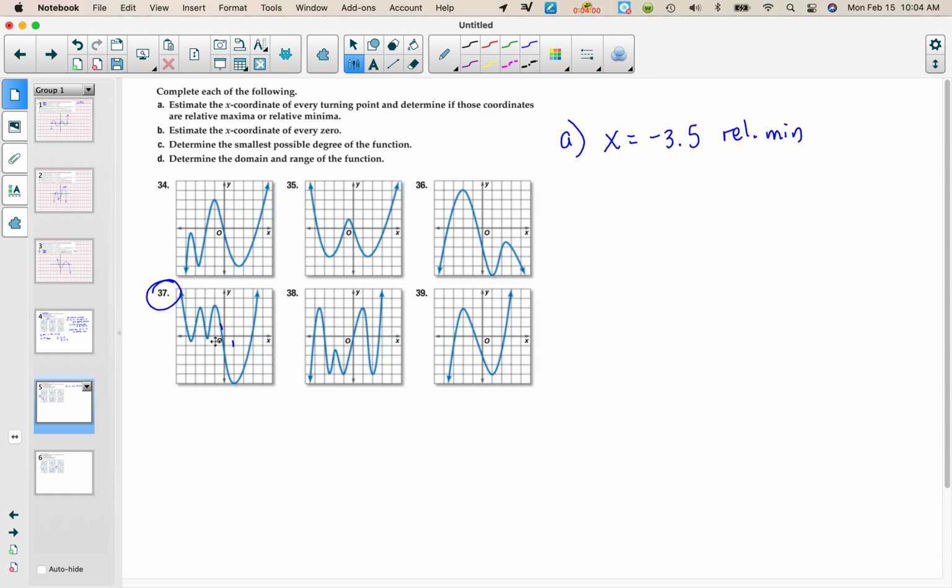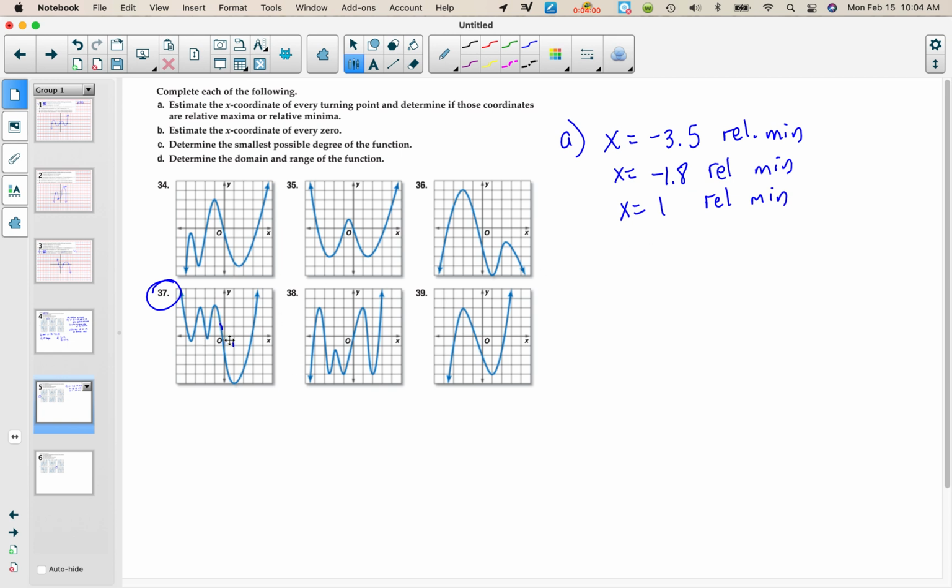And we have negative 1.8. Again, a relative min. And 1, a relative min. So that looks like all the minimums.